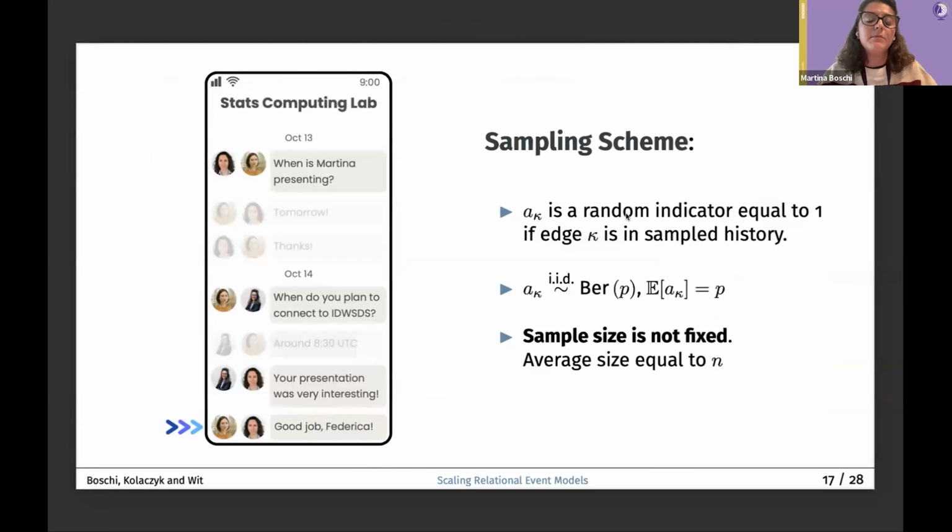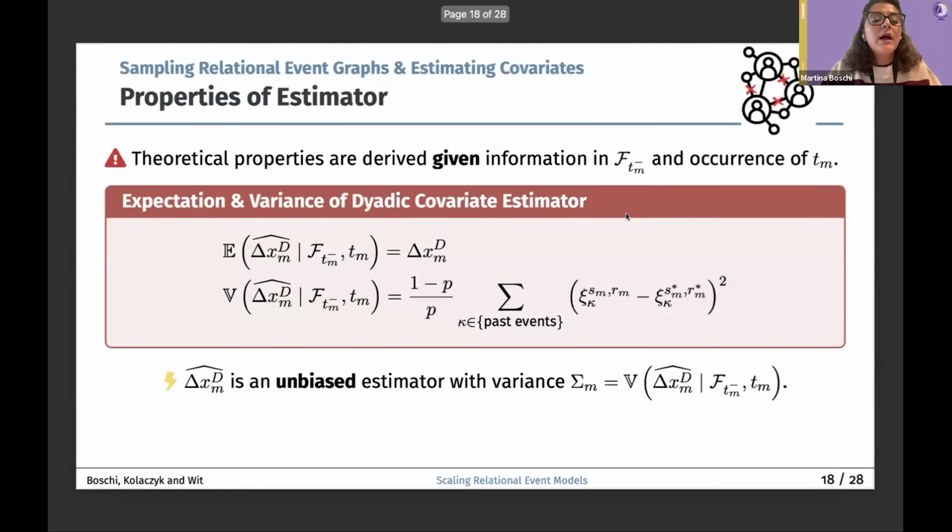Under a sampling scheme that considers the indicator to be independent and identically distributed Bernoulli random variables with the probability p, we have, first of all, that the sample size of our sample history is not fixed. We define the average as a small n, and we can quantify the expectation and the variance of our estimator. First of all, we see that the estimator is unbiased, and also we are able to quantify its variation.